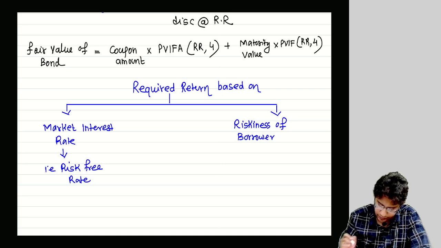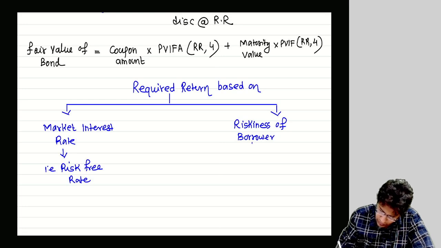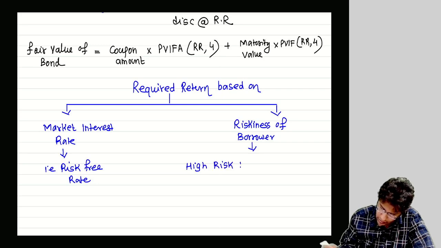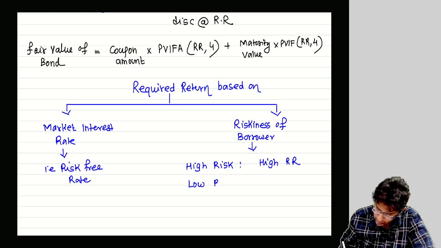High risk. If it is high risk, then you want a high required return. Low risk, low required return.